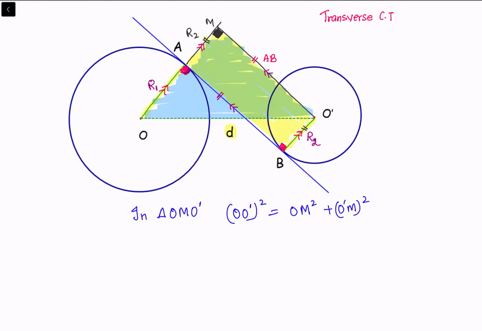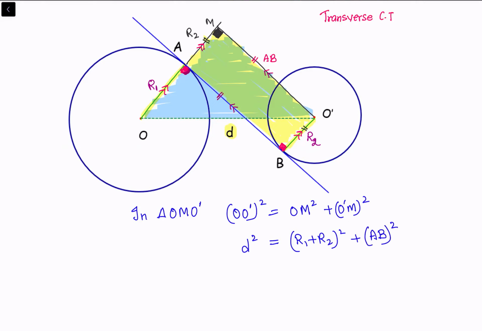OO dash is given as d. So d square is OM, which is R1 plus R2, whole square, plus O dash M, that's the same as AB. AB is the length of the tangent we have to find.